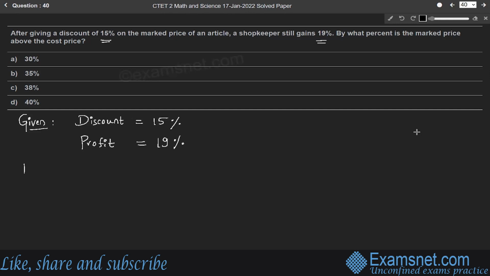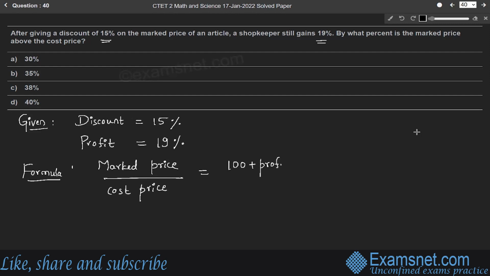Right? So the formula to be used here: market price by cost price. So the ratio of market price to cost price is equal to (100 plus profit) divided by (100 minus discount).